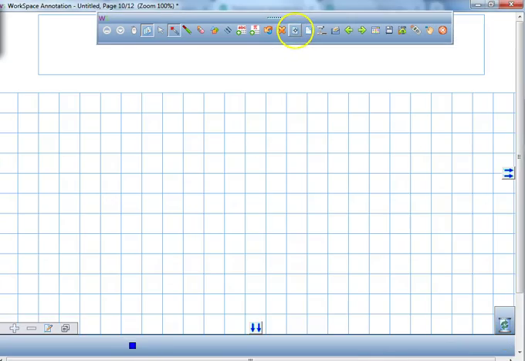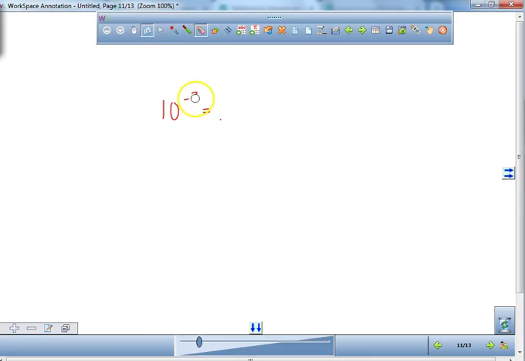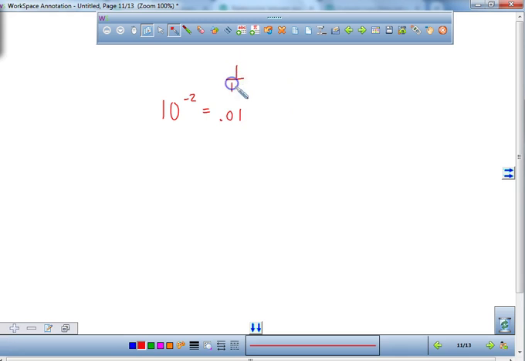All right, we're going to do a quick little example on the board. So here's the first one. I want you to write this. 10 to the power of negative 3 equals negative 2. Negative 2. There we go. Equals 0.01. That's the same as saying 1/100.